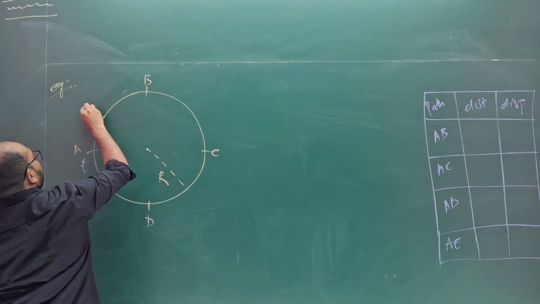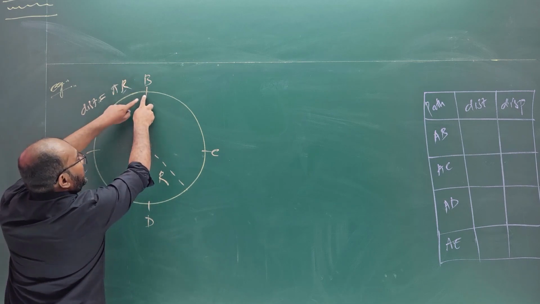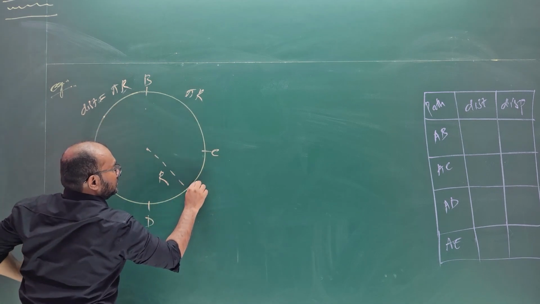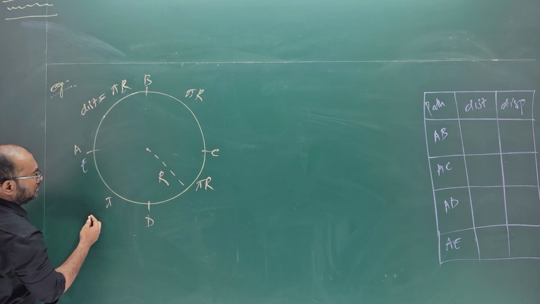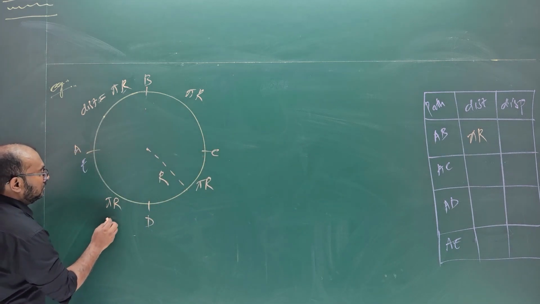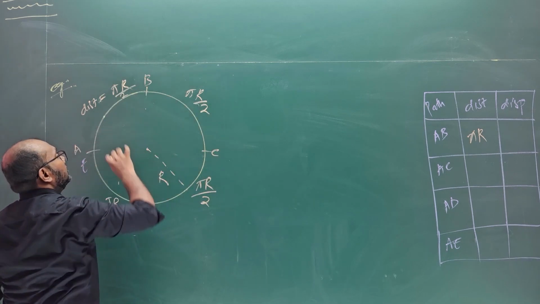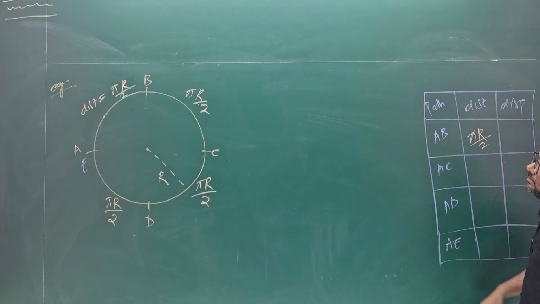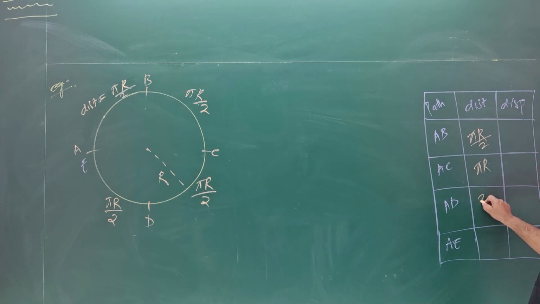So from A to B, the distance is pi r by 2. Similarly, B to C is also pi r by 2, C to D and D to E, back to A. So A to B is pi r by 2, second AC is pi r, then AD is 3 pi r by 2, and this one is 2 pi r.